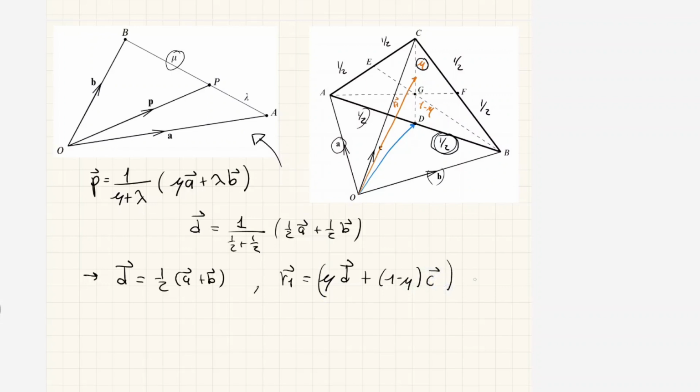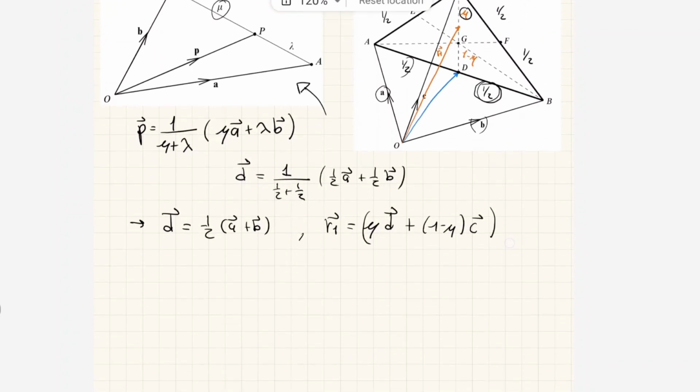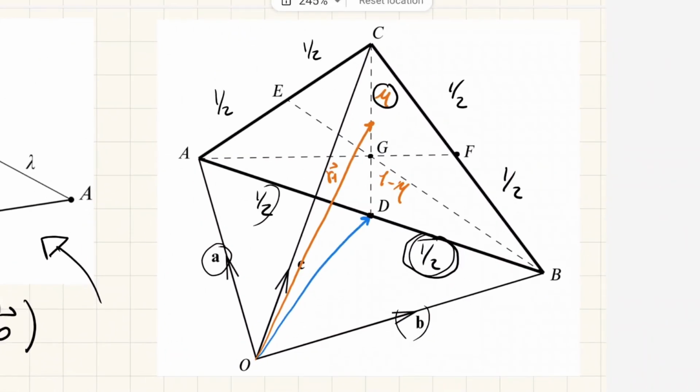And then this multiplies 1 divided by mu plus 1 minus mu, but that is, of course, just equal to 1, so we are not going to write that. Okay, perfect. So now we have a vector that is parameterized with the parameter mu, and that vector can be equal to the vector of the centroid, but not for now, right? We still need to find another vector, but in another segment.